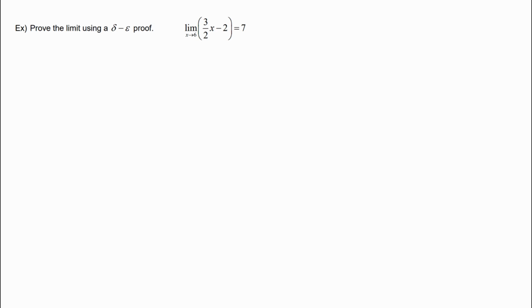Okay, let's practice how to prove a limit using the formal definition of limit. Prove the limit using a delta epsilon proof. Can you prove the limit as x approaches 6 of the function 3 over 2 x minus 2 equals 7? How do we start? You have to start by saying, given epsilon a positive number, we're going to choose delta to be equal to, we don't know yet what the delta has to be, so leave it blank.